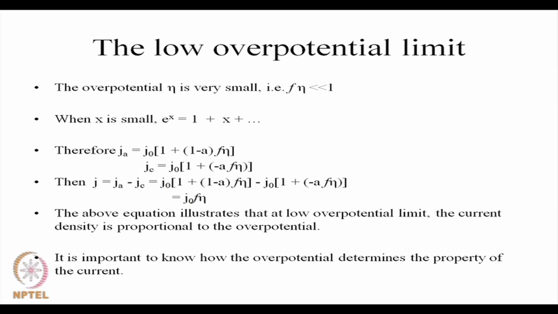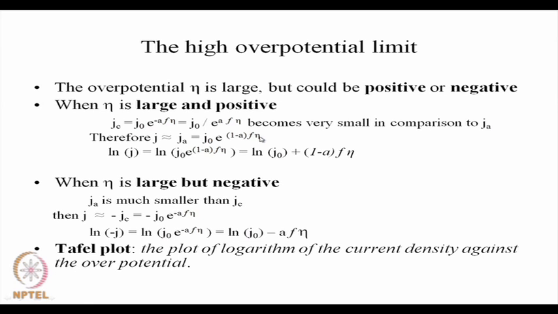Next is what is going to happen when we are in the high overpotential limit, that is, eta is large, greater than or equal to 0.12.